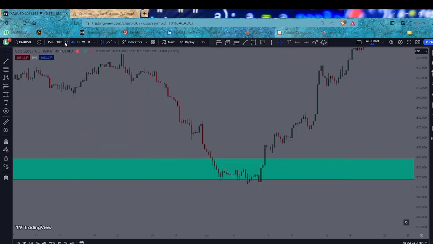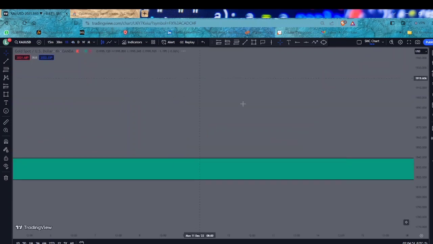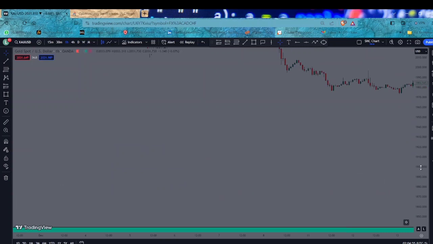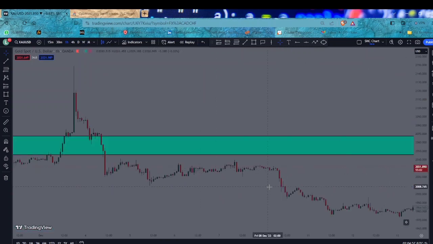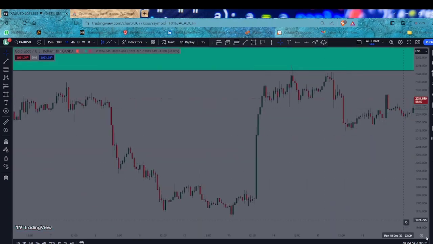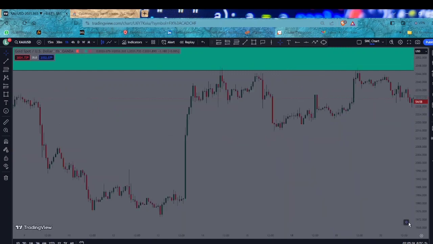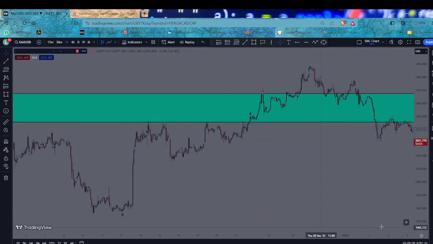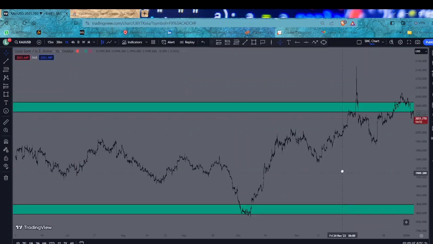There's a place I saw a gap in gold. Let me see. I want to show you exactly why I didn't enter that trade. Where is it? Let's see.